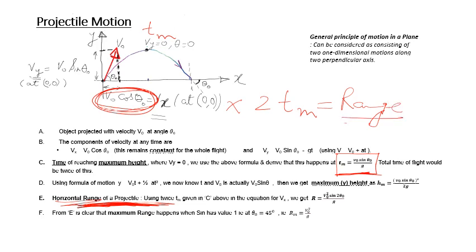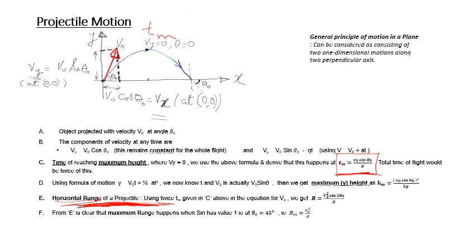So basically, again repeating, we know this velocity multiplied by twice the time it took to reach here, and then you get the range.